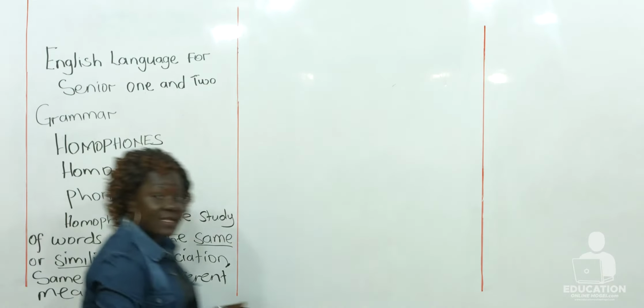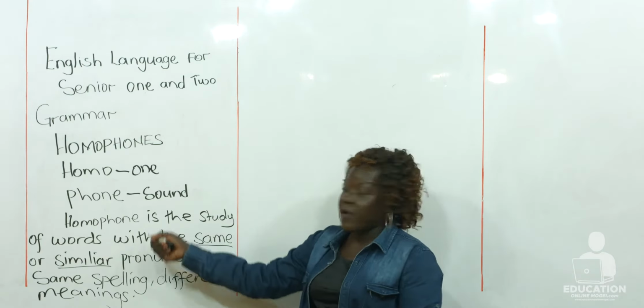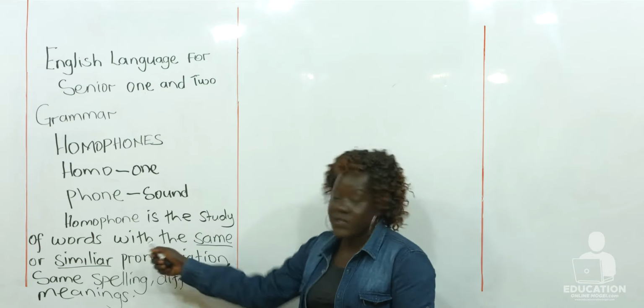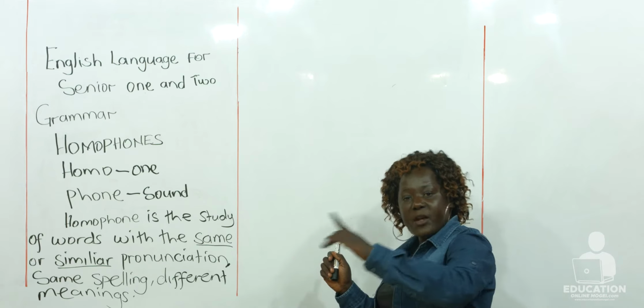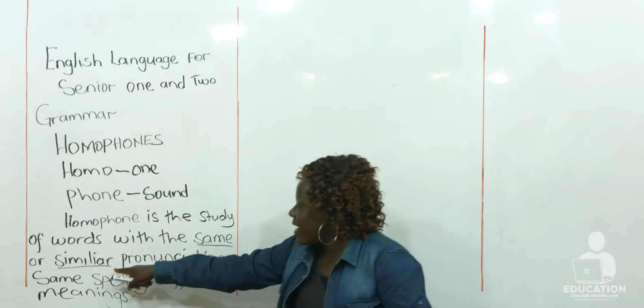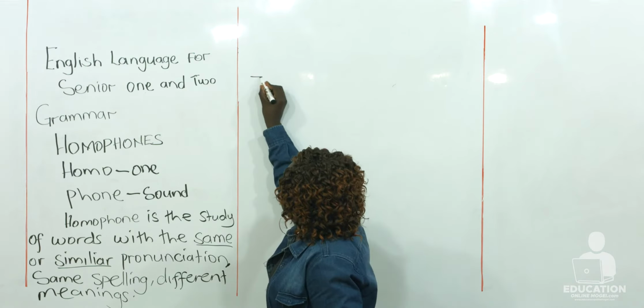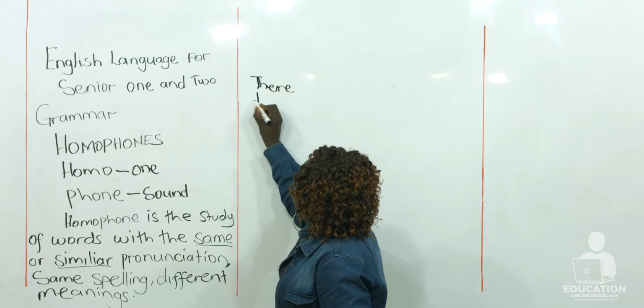Right. Let us now analyze our definition. We are saying homophones is the study of words with the same or similar pronunciation. The words may or may not have the same pronunciation but can have similar pronunciation. For instance, words like there and their.